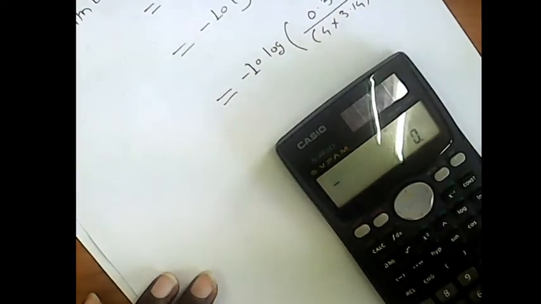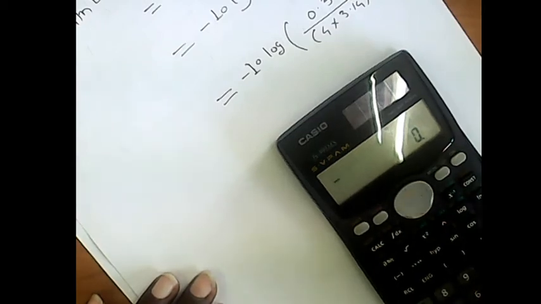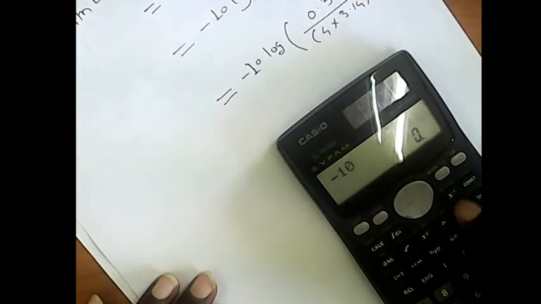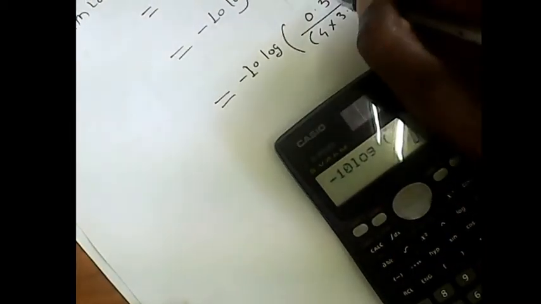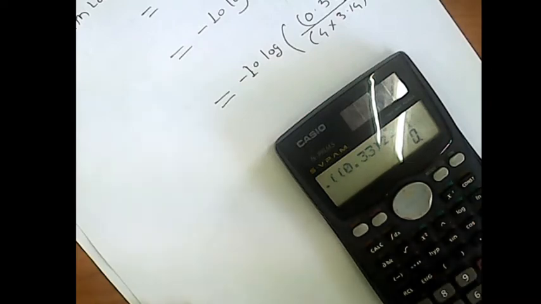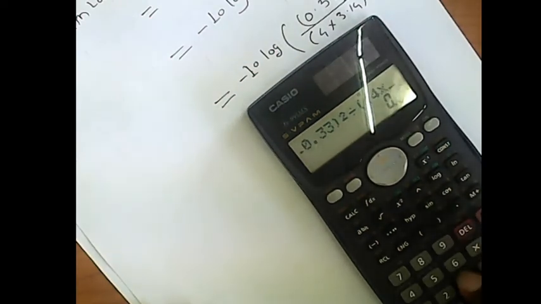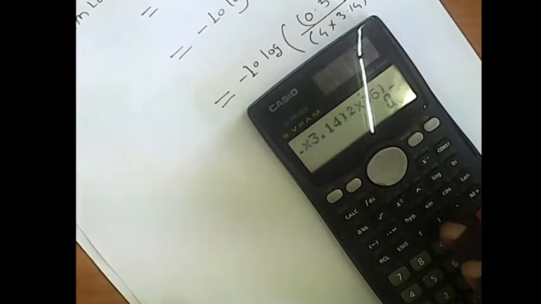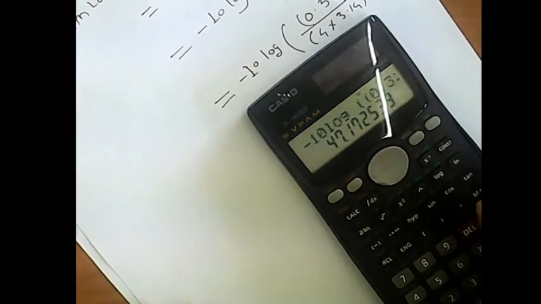If we calculate this on the calculator, minus 10 log of (0.33)² divided by 4 × (3.14)² × 36, it comes out to 47 dB.